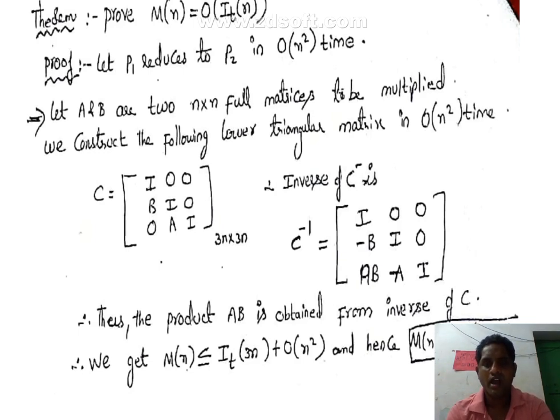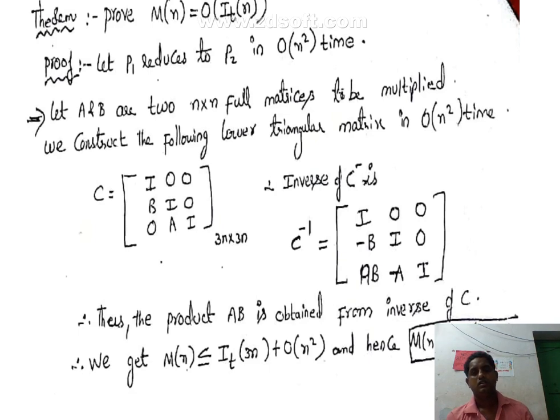Then the inverse of C is I 0 0, minus B I 0, AB minus A I. Thus the product AB is obtained from the inverse of C. Then M(n) is less than or equal to IT(3n) plus big O of n square. Hence M(n) equals big O of IT(n).